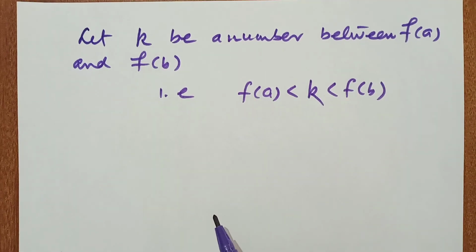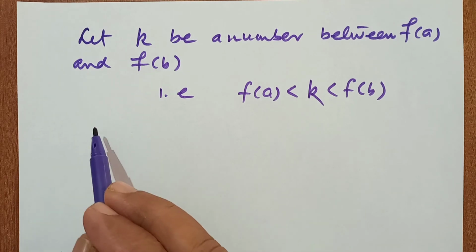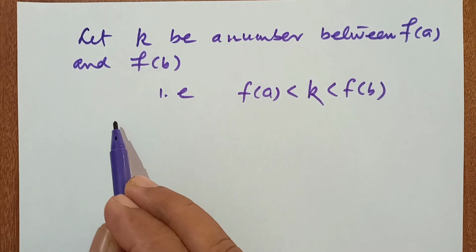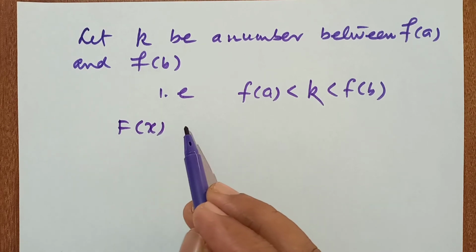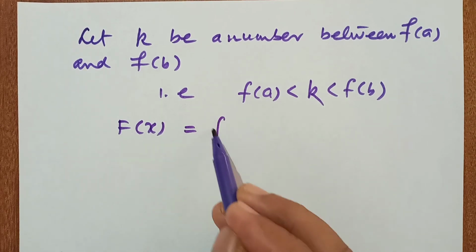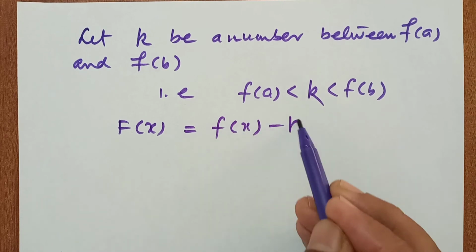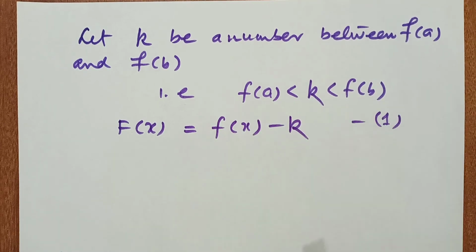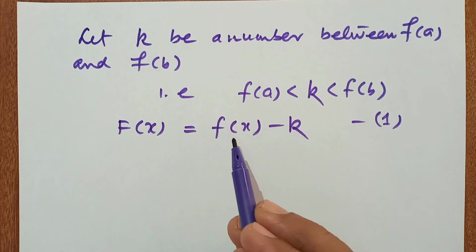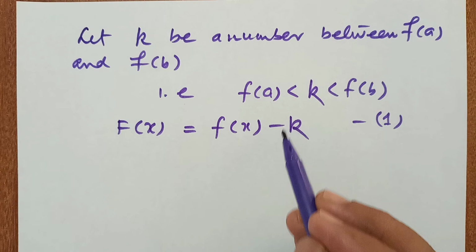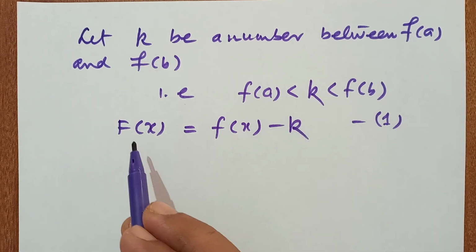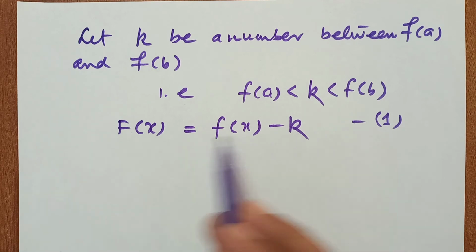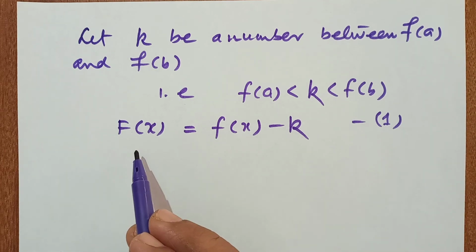Now let us consider a new function capital F(x) on the closed interval [a, b], meaning capital F(x) is equal to small f(x) minus k. Since this function f(x) is continuous in the closed interval [a, b] and k is constant, a constant function is also continuous, therefore capital F(x) is also continuous in the closed interval [a, b].